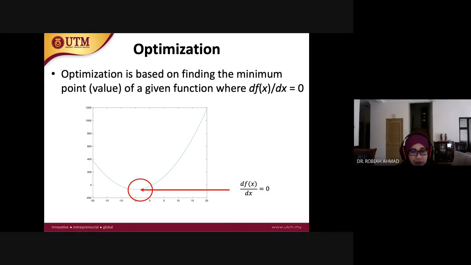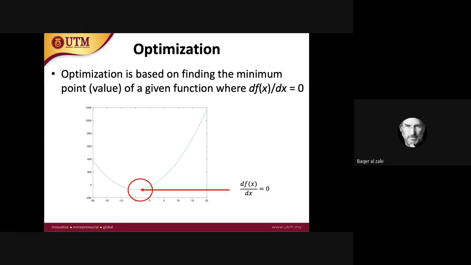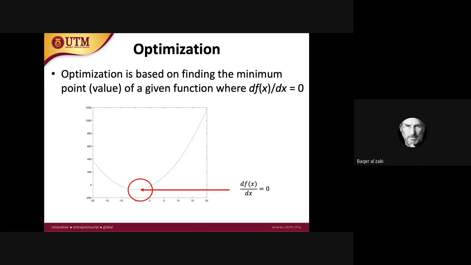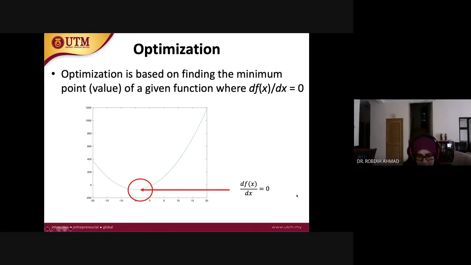Back to your basic calculus class, how do we get the minimum point? Remember? Differentiate the function. The derivative is equal to zero, df/dx equals 0. Therefore, we have this minimum point.